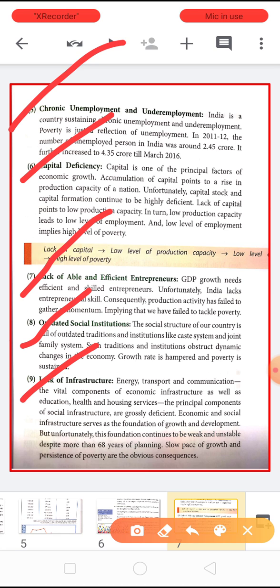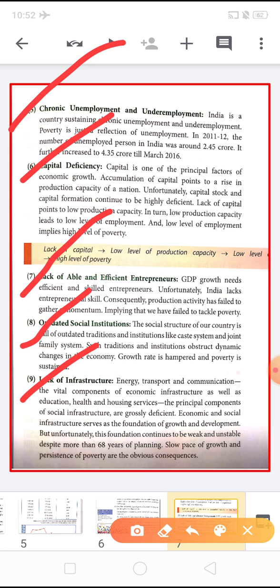So both of these are grossly deficient. Economic and social infrastructure serves as the foundation of growth and development, but unfortunately this foundation continues to be weak and unstable despite more than 68 years of planning. The slow pace of growth and persistence of poverty are the obvious consequences.